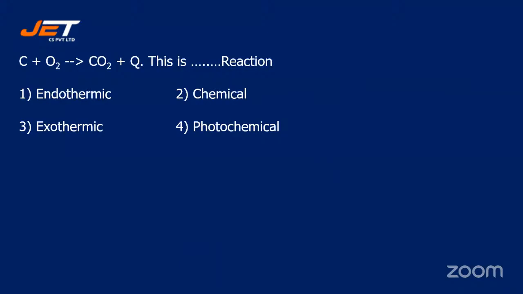Prem Charan, option 3. Meenakshi, option 3. Okay, the majority is telling option 3. Yes, it is an exothermic reaction. When carbon reacts with oxygen, just after the formation of carbon dioxide, there is a heat of enthalpy which is released, represented by a delta. So this is called an exothermic reaction.